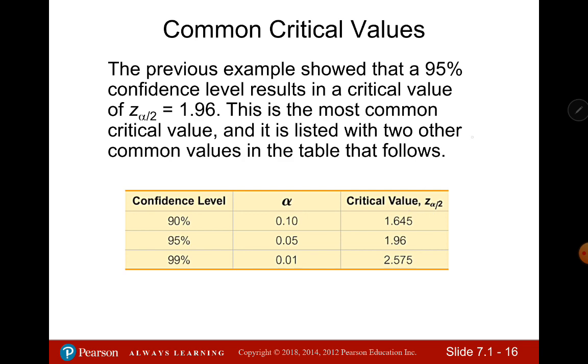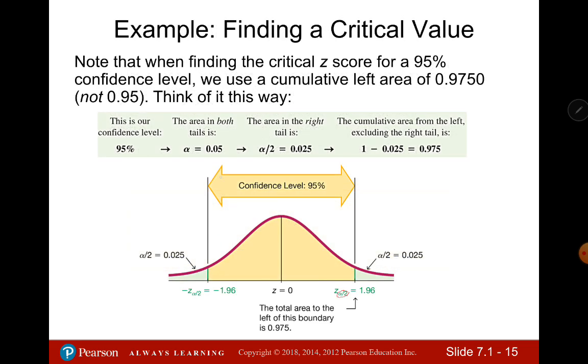Maybe some students have the question: why should we use half alpha to find the critical value, not just z sub alpha? Because we should remember what a confidence interval is. A 95% confidence interval means 95% right in the middle. A confidence interval always has two tails. This is one side, and the other side is on the right.